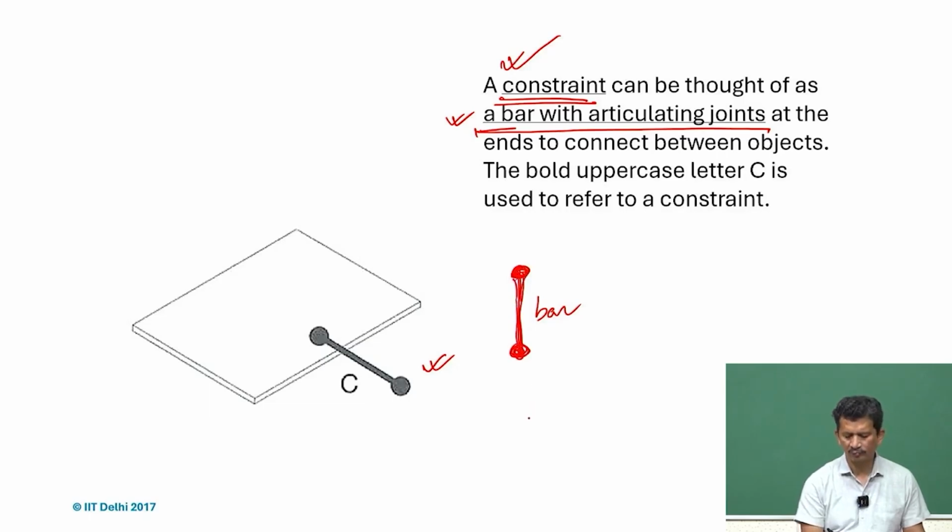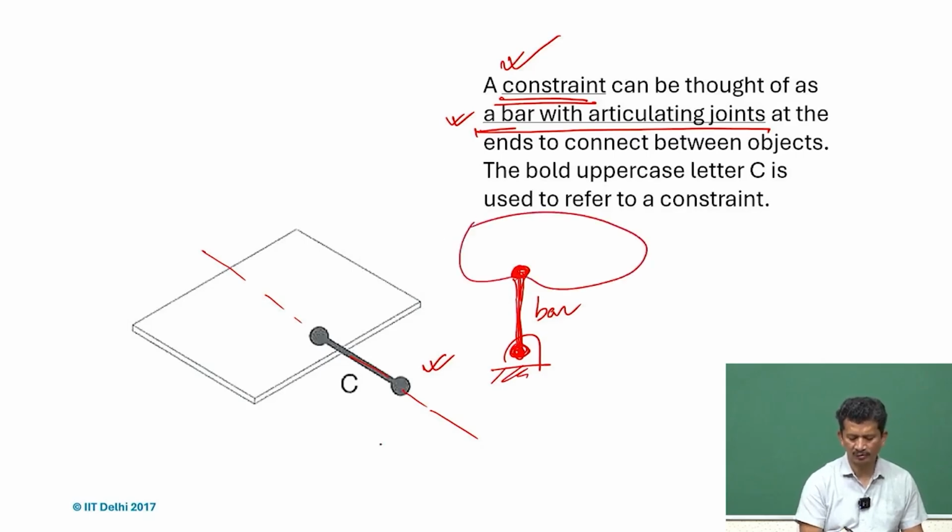So, this can be defined as a constraint, and the constraint line is along the length, because we can always fix it and we can have another object, a spherical joint in 3D.